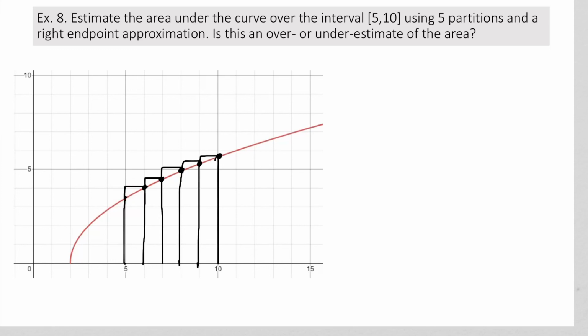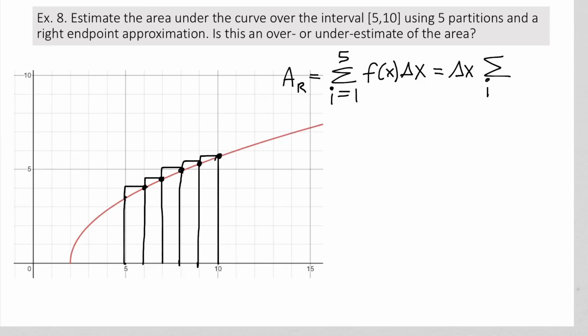So we can say that I have the sum of f of x delta x, and this is going to be a right endpoint approximation. And we know that delta x is constant, so I can pull that out front, and it's 1, so that's going to make it even easier. So I can just sum up my f of x values, and I'll have my area estimation.